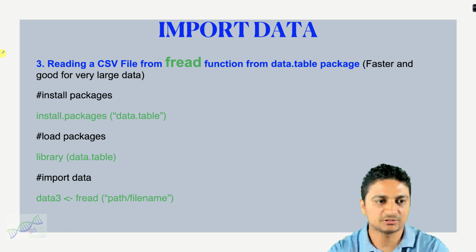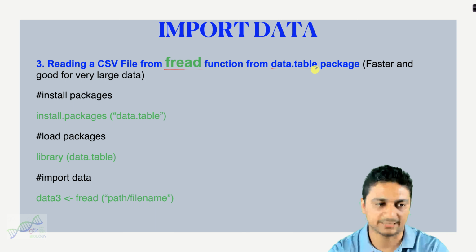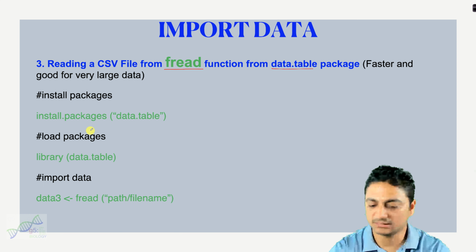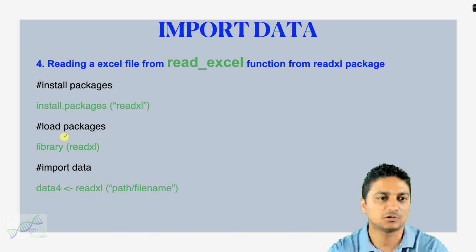The third way to import the data is the fread function from the data.table package, and this is faster and good for very large sets of data. And the fourth way to import the data is readxl for the Excel file, and we install the package readxl and load the package readxl, and finally we import the data by using the command readxl.